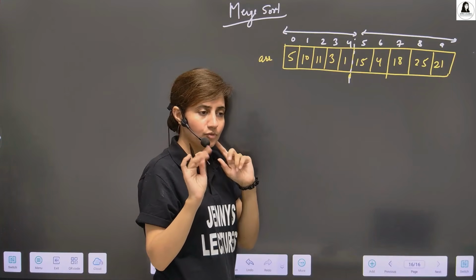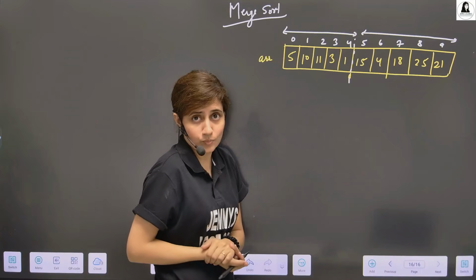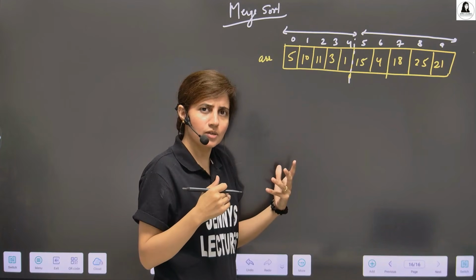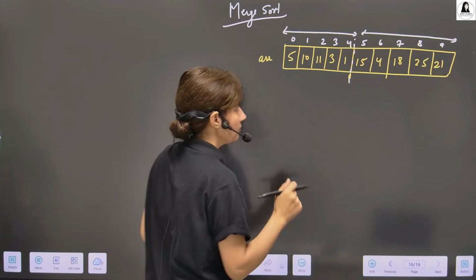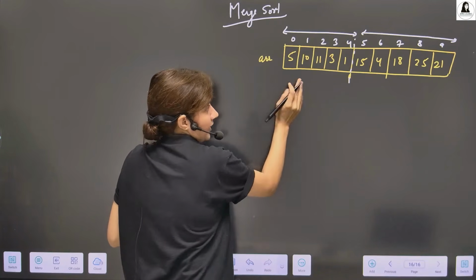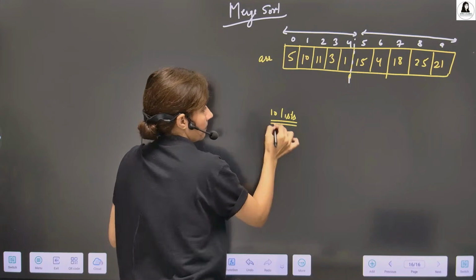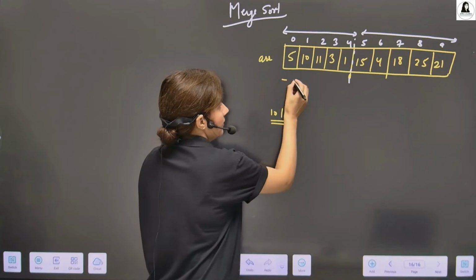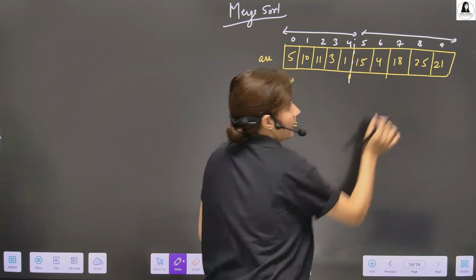You know that if a list has only one element, it's sorted. So we keep dividing. Assume I have 10 separate sub-arrays: 1, 2, 3, 4, 5, 6, 7, 8, 9, 10.